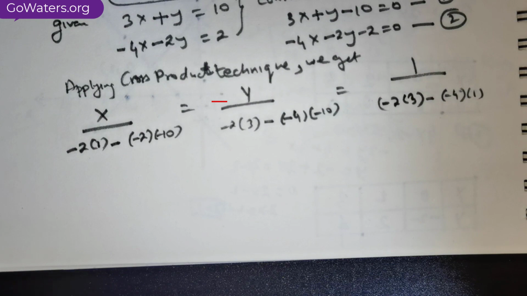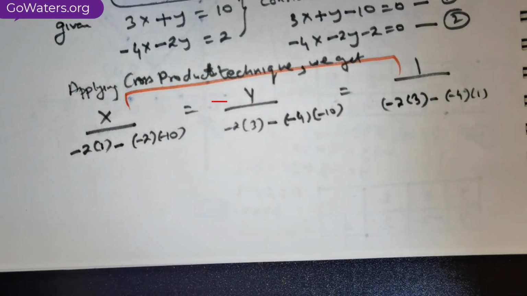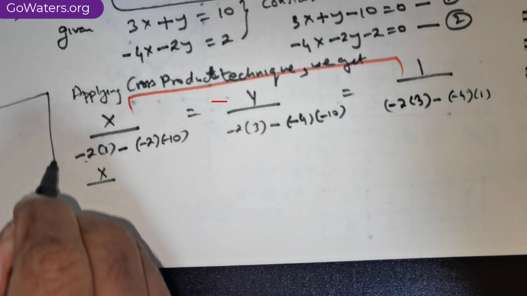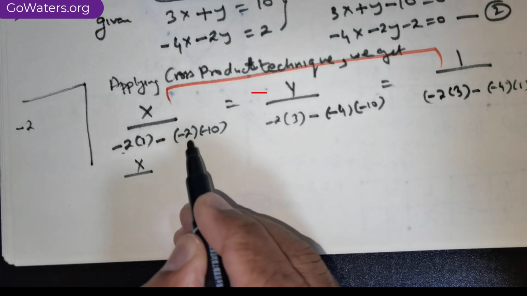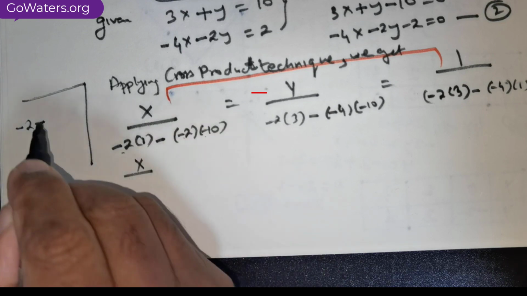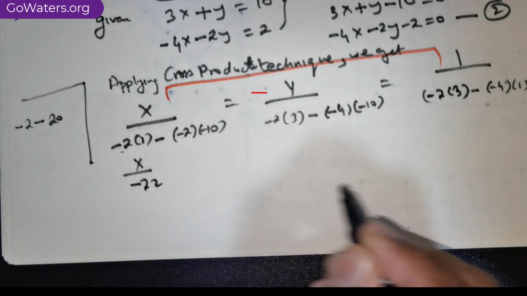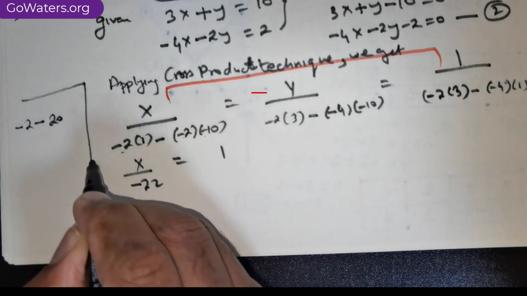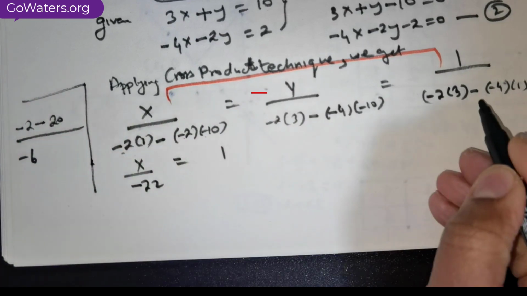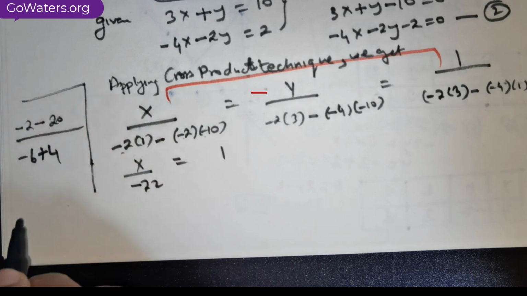What I wish to do is compare this with this, because I need to get the value for x, right? That's my objective. So x over negative 2, negative negative is positive, positive times negative will give you negative, 2 times 10 is going to be 20, so this is going to be negative 22, is equal to 1 over negative 2 times 3, that's going to be negative 6, negative negative is positive, 4 times 1 is going to be 4.